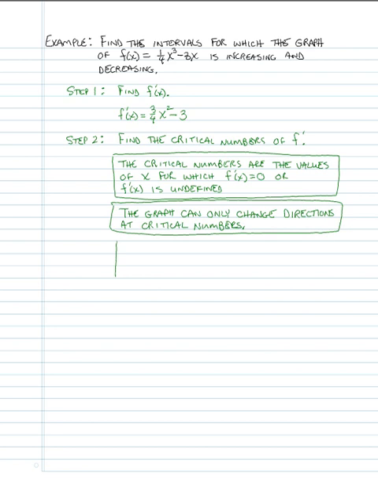This does not say the graph will change directions. It just says if it's going to change directions, it's only at critical numbers that can happen.